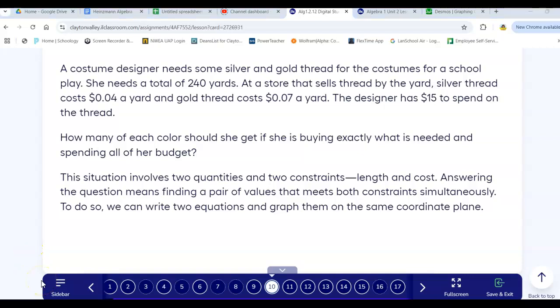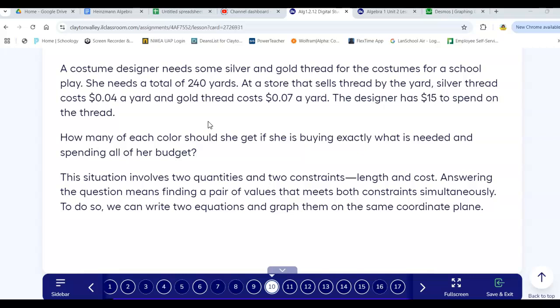Okay, Algebra 1 students. So this is how they begin the summary. They're giving you another scenario that they're going to talk about. Here we have a costume designer, and this person needs some silver thread and some gold thread for costumes at a school play.